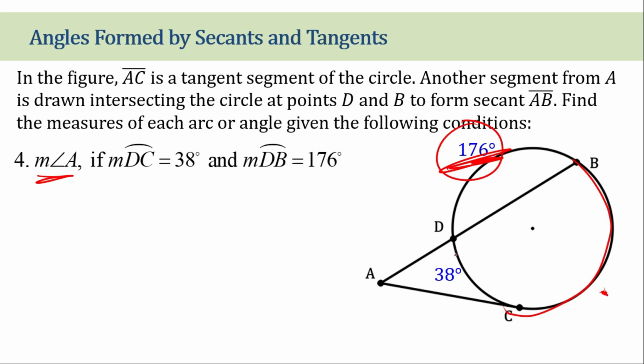Remember that the circumference of the circle is equivalent to 360 degrees. Now if this one is 38, this one is 176, what would make this circle 360? That would be the value of arc BC, and that is 146. Try to add all of them and you will get 360 as your answer.